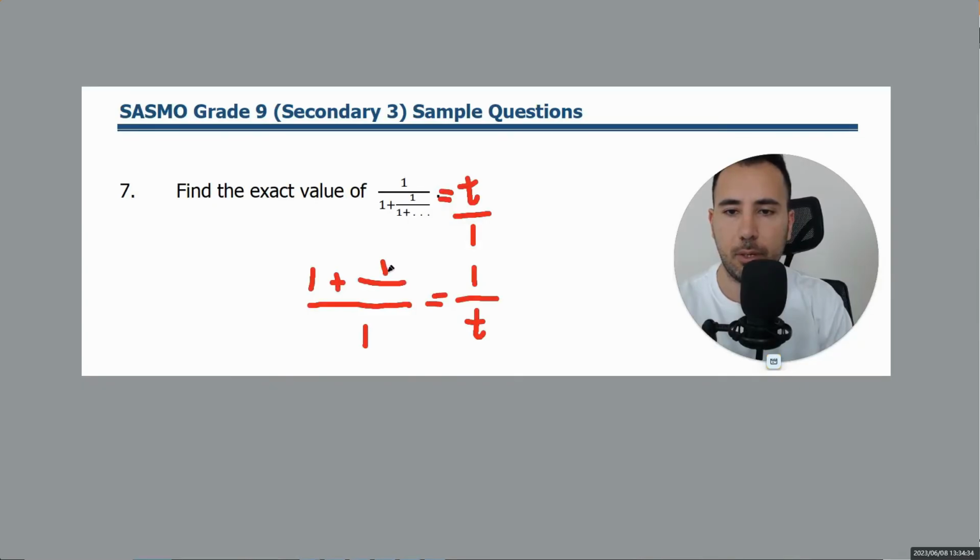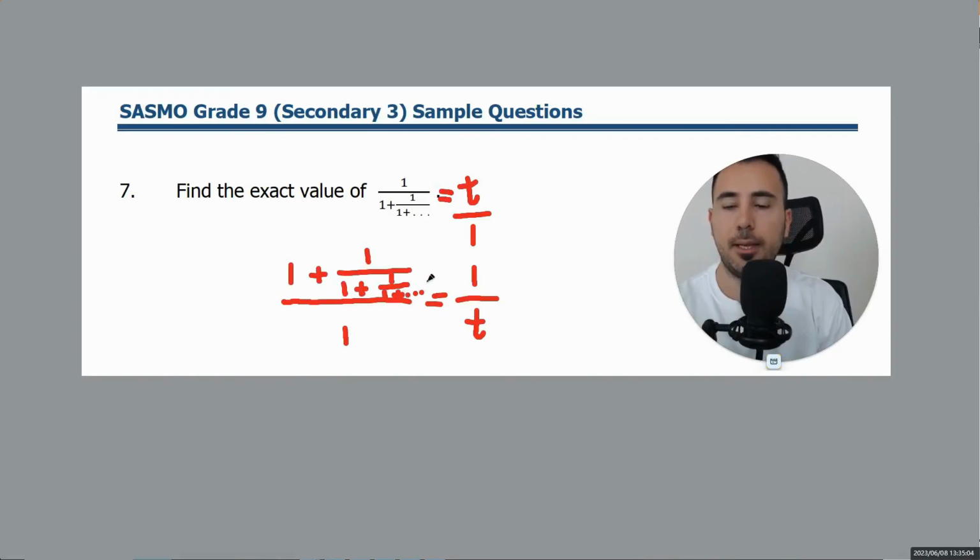It will be 1 over 1 plus 1 over blah, blah, blah. This is not big enough. Let me also write it again better. So this one will be 1 over here. This one will be 1 plus 1 over 1 plus stuff.